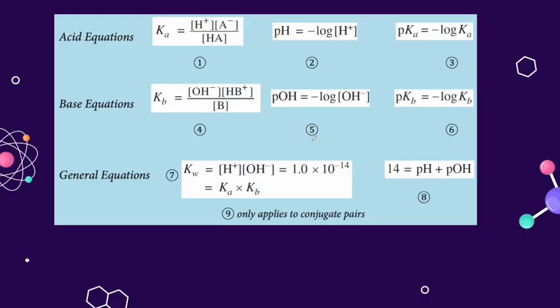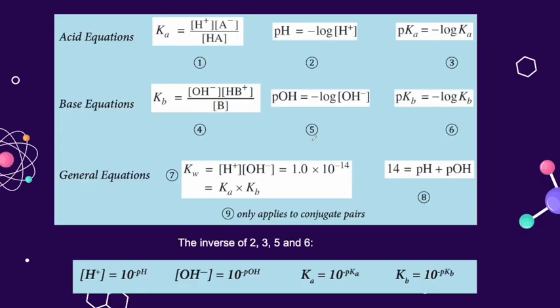Okay. All right. Now, before we end 8.3, I just want to make sure that you know how to use and how to pull out these formulas when needed. So this is your main acid equation, your acid equilibrium, Ka.